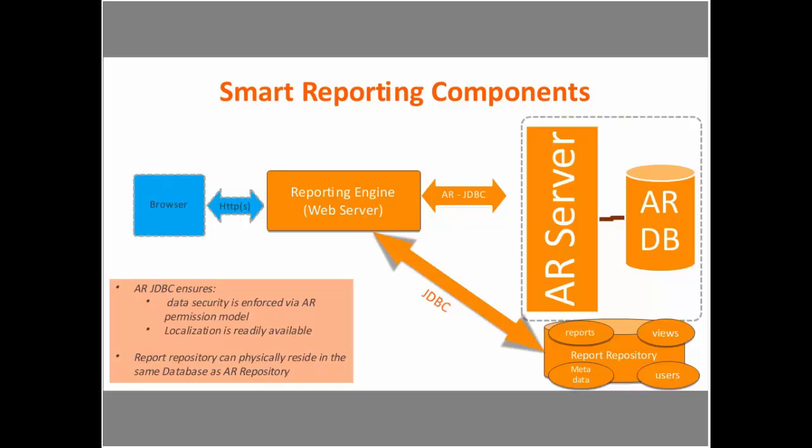And this block, which is the AR server and ARDB, you're already familiar with. The AR-JDBC is a very crucial piece for smart reporting. It enables a lot of things to be a lot easier than other reporting solutions we have had in the past, or what we support today. So one is data security is completely enforced by AR.